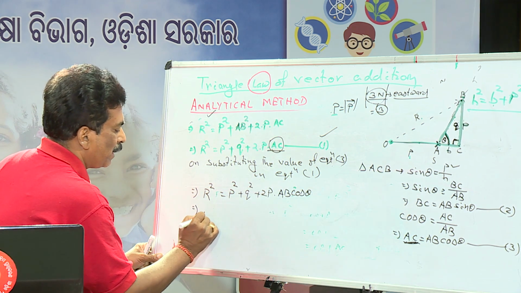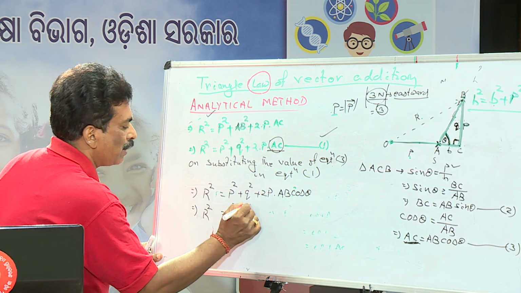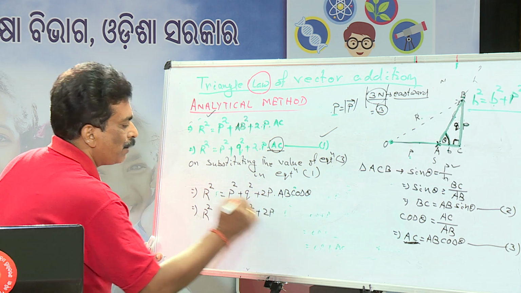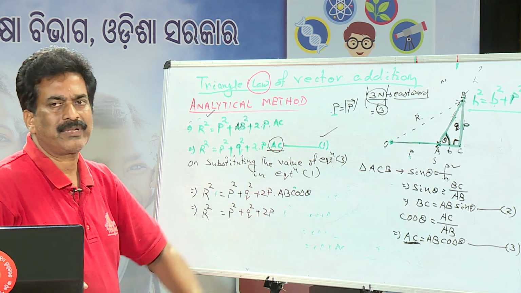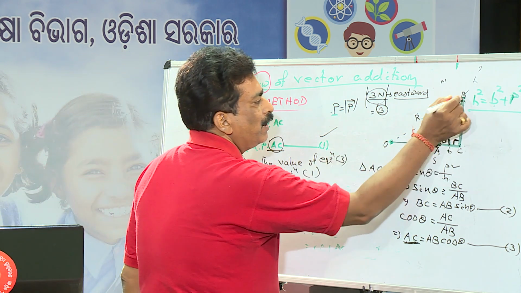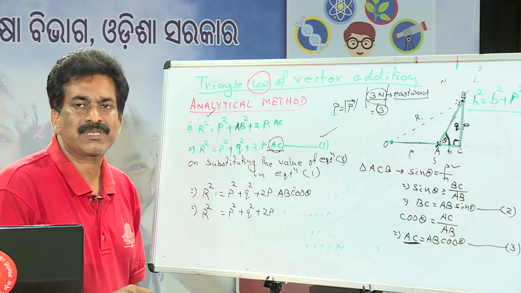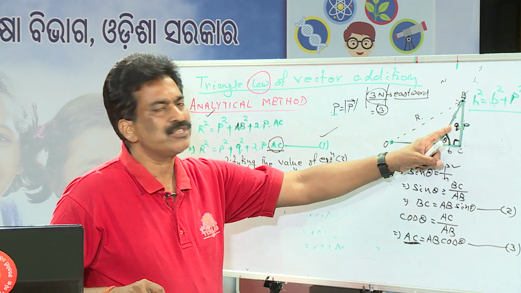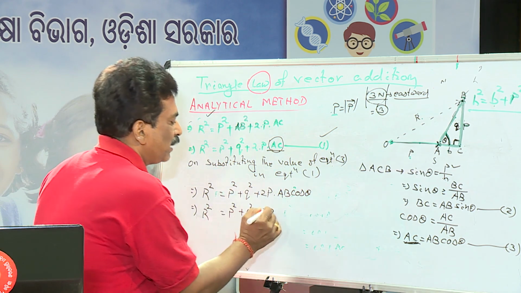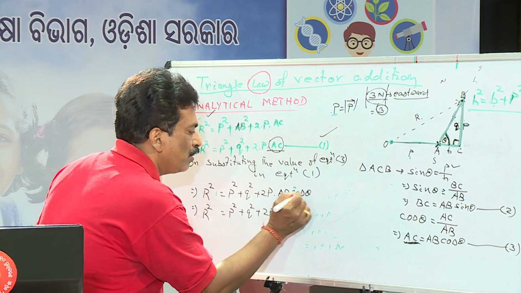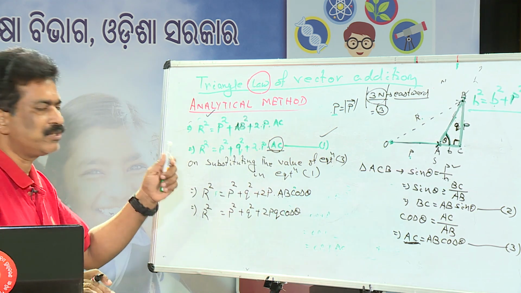This implies R square is equal to P square plus Q square plus 2P of AB. Just go to the figure: AB is the magnitude of the second vector, which is Q. So AB is equal to Q, with cos theta. This is equal to R square.